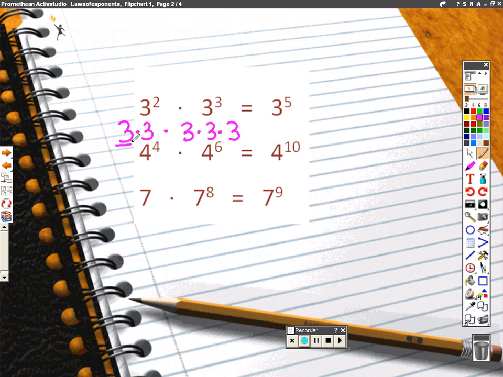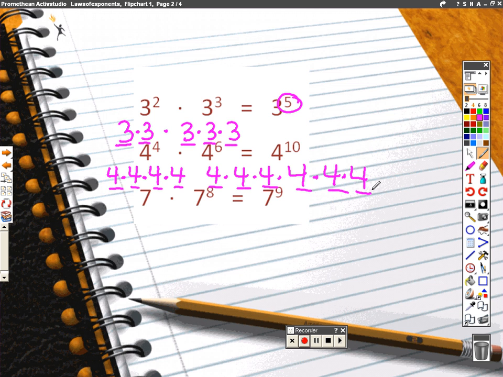So altogether we have 1, 2, 3, 4, 5 threes. 4 to the 4 would be 4 times 4 times 4 times 4. And 4 to the 6 would be 4 times 4 times 4 times 4 times 4 times 4. I have 1, 2, 3, 4, 5, 6, 7, 8, 9, 10 fours.